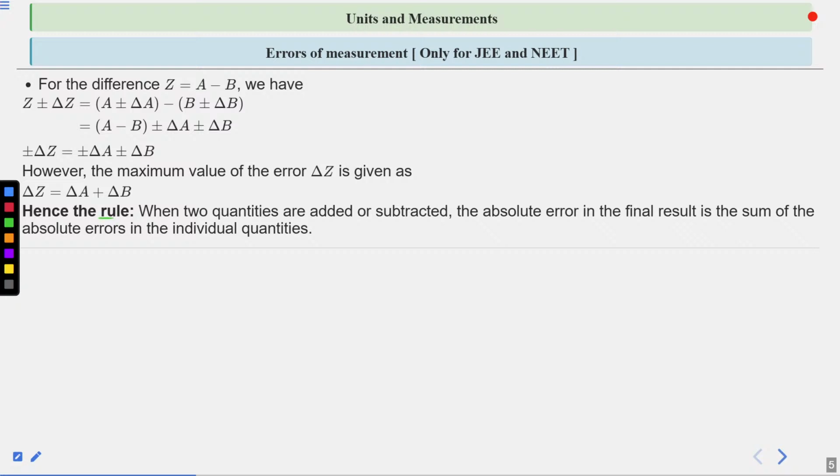Hence the rule, listen carefully: when two quantities are added or subtracted, the absolute error in the final result is the sum of the absolute errors in the individual quantities. So here the absolute error is equal to the sum of the absolute errors of the individual quantities, delta A plus delta B. Clear?